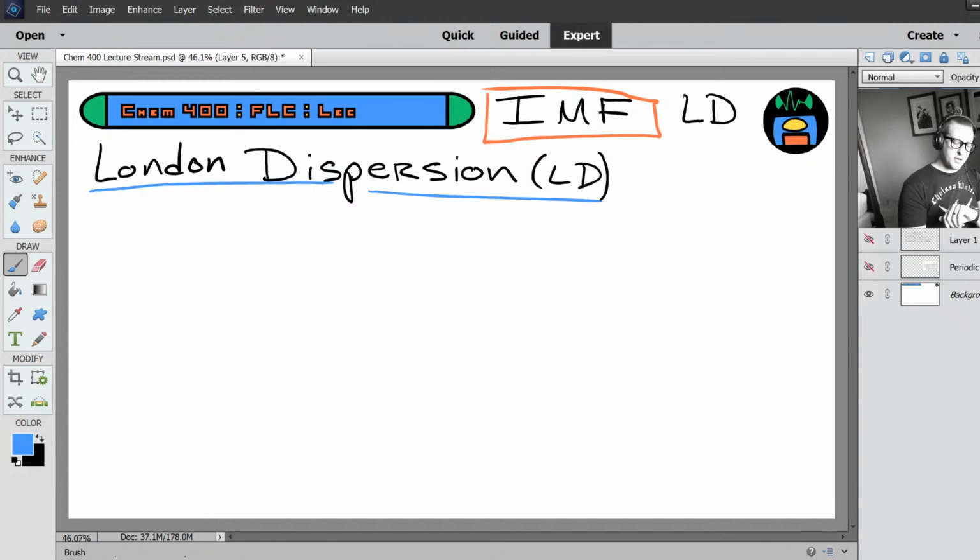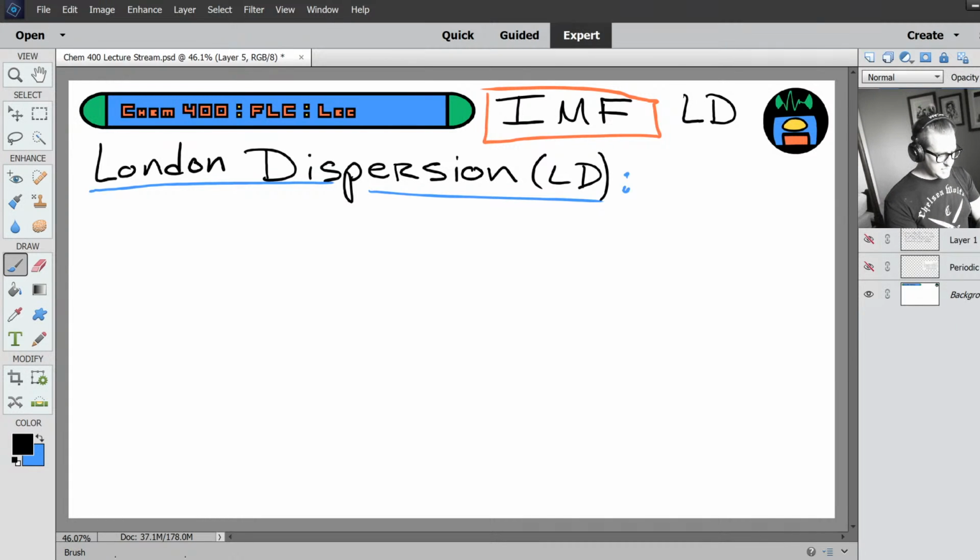So I could start by giving you the definition, but instead I'm going to illustrate what it is, and then we'll end with the definition, just because I feel like it makes more sense taken in that order. We're going to do a thought experiment here. I want you to think about an atom of helium.